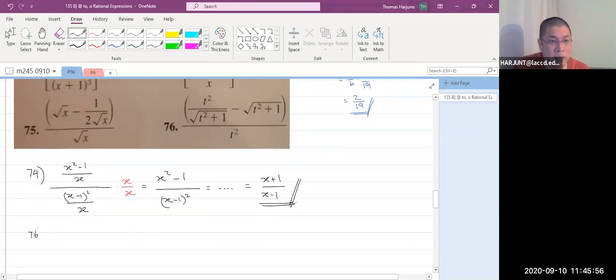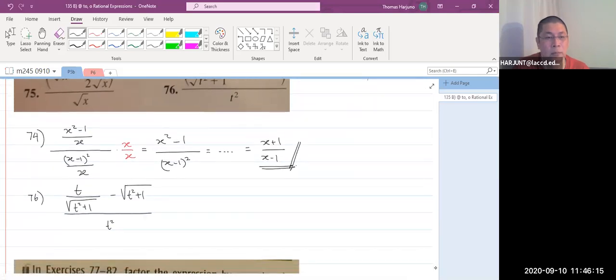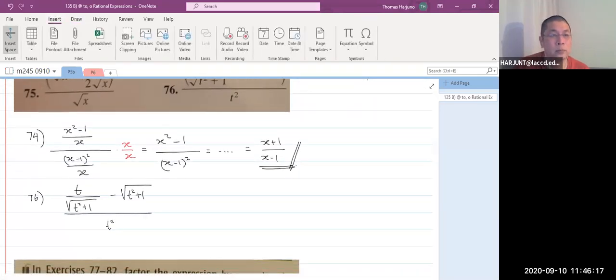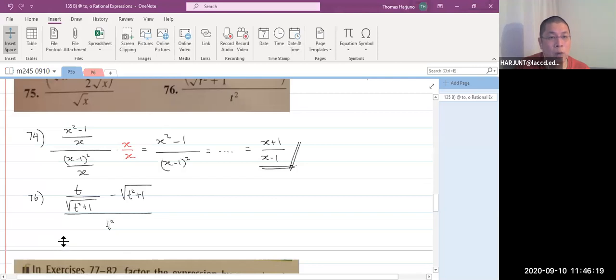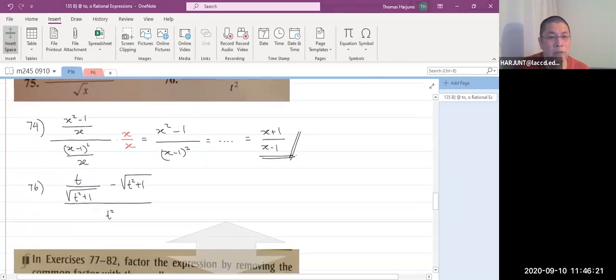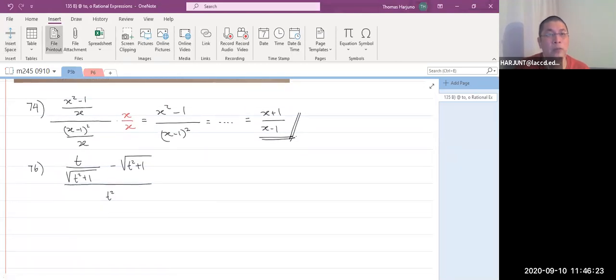Number 76, t over square root of t squared plus 1 minus square root of t squared plus 1, big, over t squared. Our problem is we have complex fractions. So let's clean up that complex fraction first.